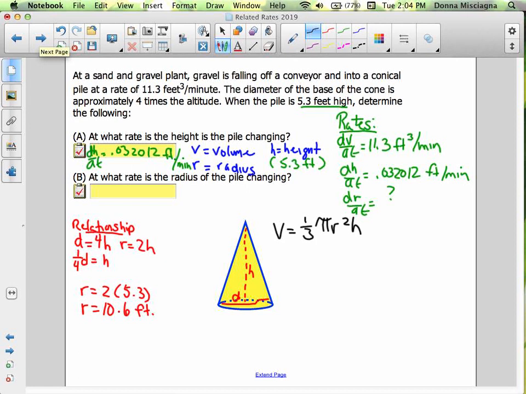We could just use the product rule, find the derivative, and plug in all the rates. However, we rounded dh dt. It had a pi in it, it was a non-terminating decimal. I'm a little hesitant to use that rounded value. Plus, the derivative will be harder.